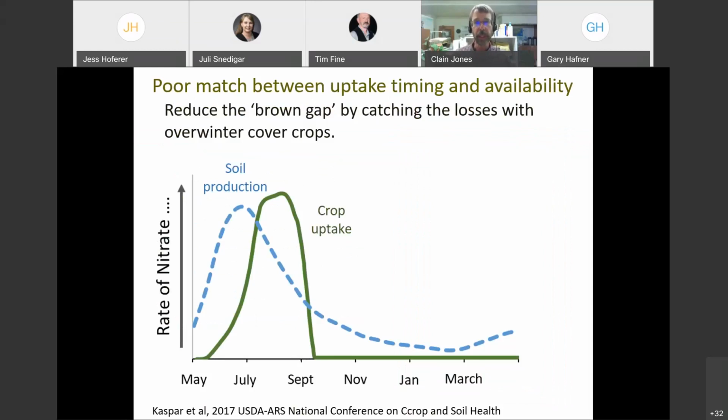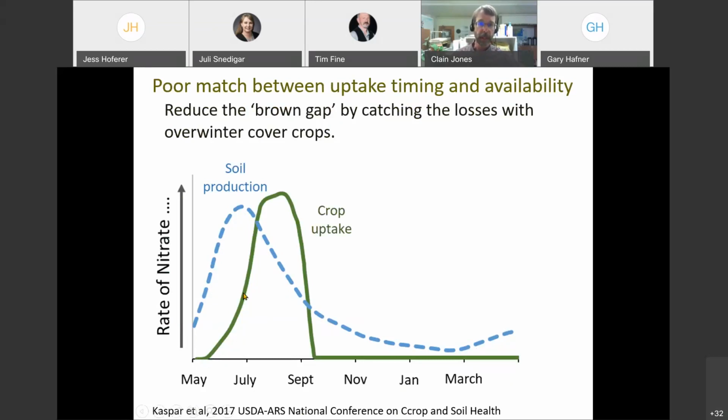One thing that can really help reduce leaching is matching crop uptake with changes in nitrogen, either from fertilization or released from the soil. This is a graphic that shows how, for example, the soil production of nitrate will increase in the spring and summer when temperatures are warm and we're generally moist, and then soil production of nitrate falls off as soils dry out and temperatures fall off.